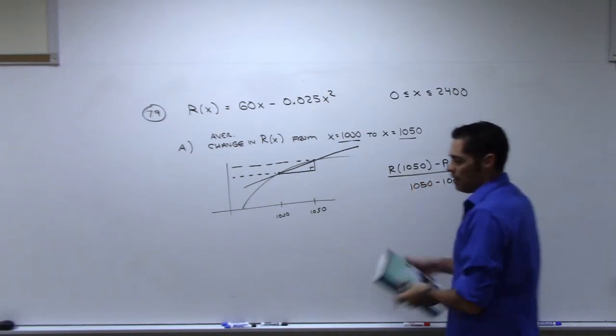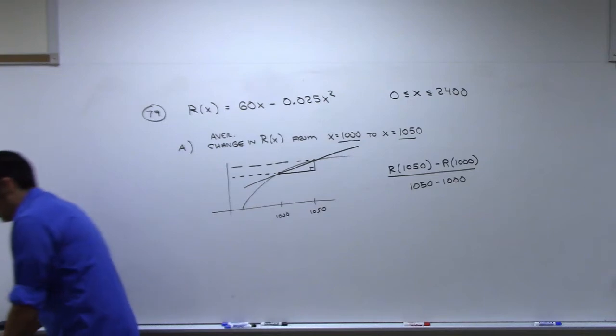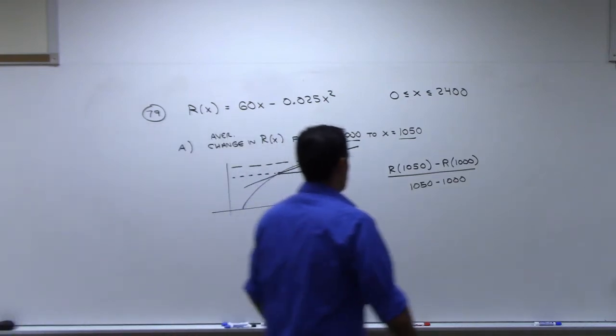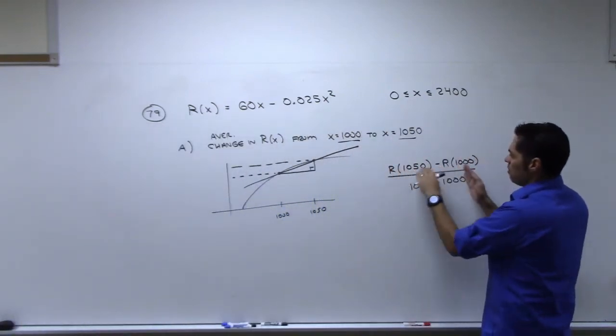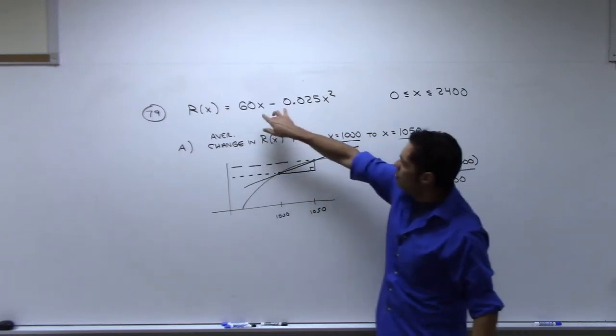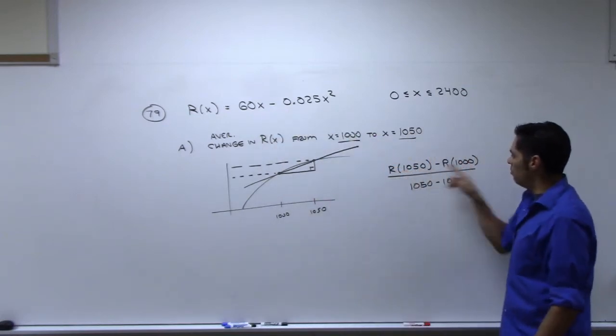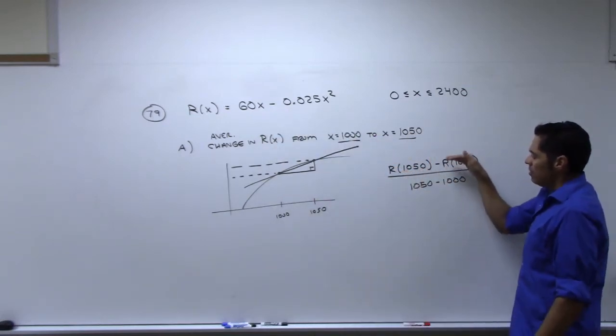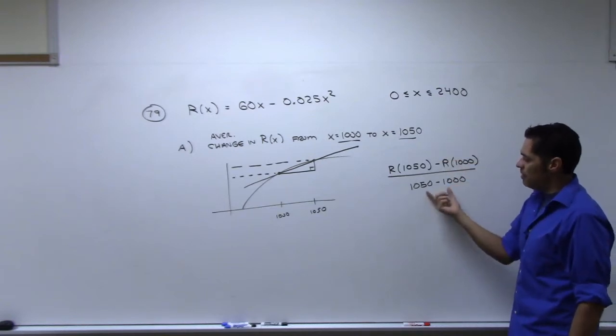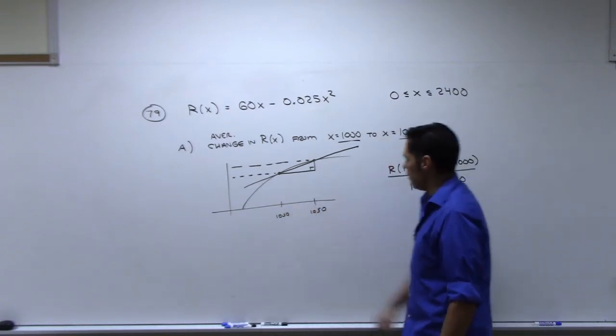Make sure you understand what I'm doing. I'm taking the rise over run, the difference in the y coordinates, which is the function's value at these two points, and then dividing it by the difference of the x values.